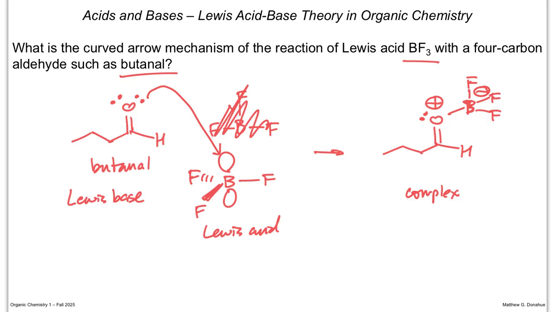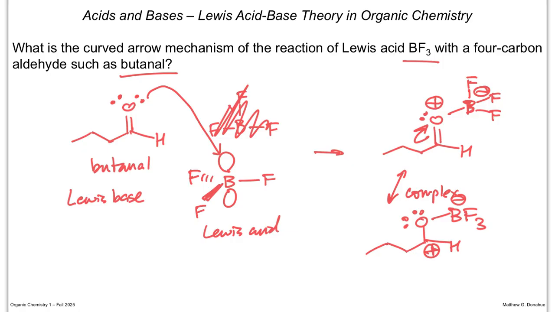And I said these things react with functional groups to activate them. We could draw a resonance form where the pi bond now puts the electrons back on oxygen, so it's neutral.